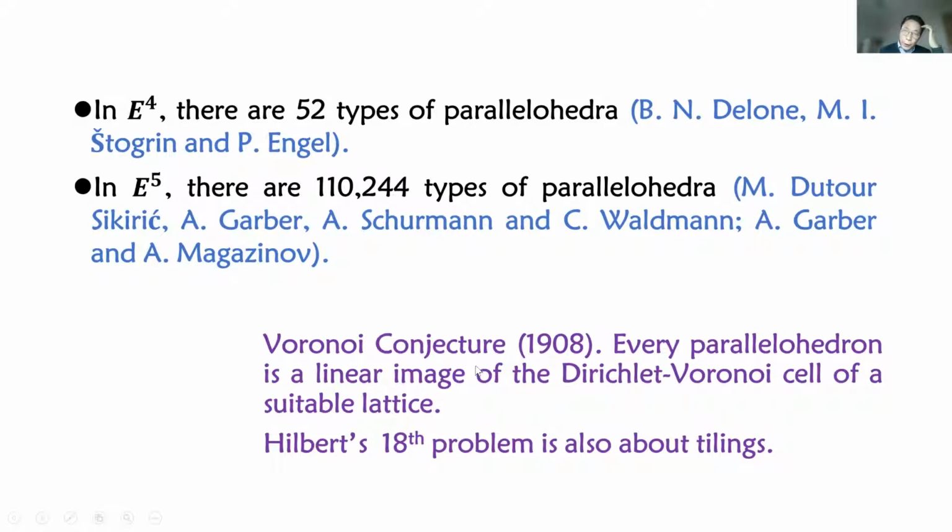The Voronoi conjecture is more than 100 years old. It claims that every parallelohedron is a linear image of the Dirichlet-Voronoi cell of a suitable lattice. So this tiling problem is also related to Hilbert's 18th problem.